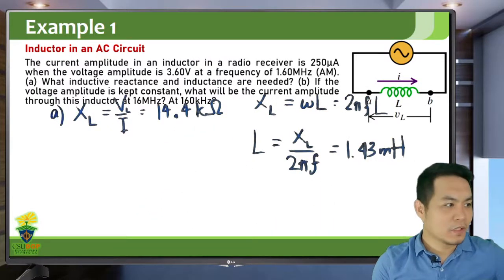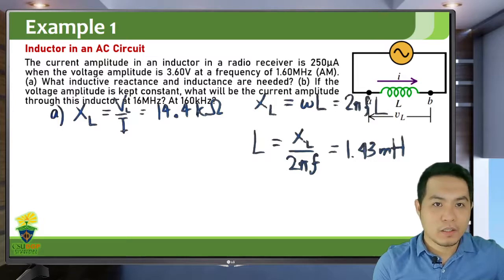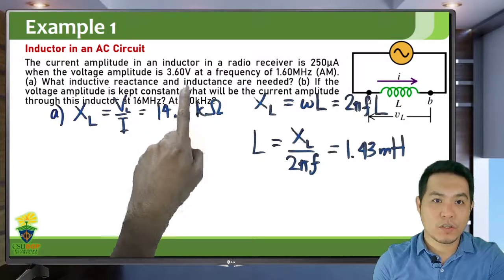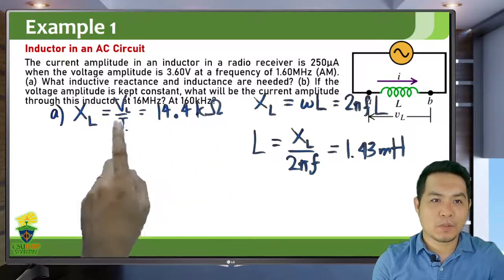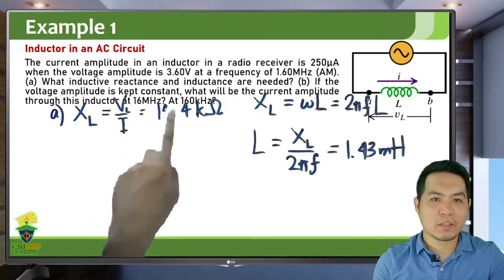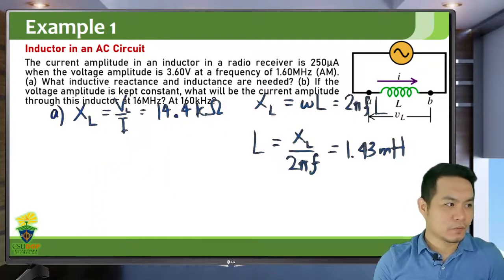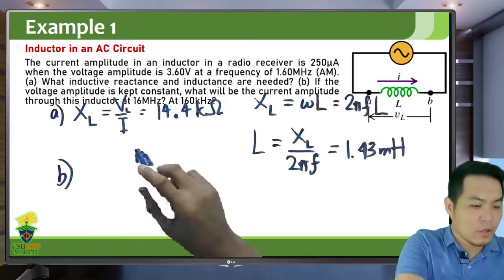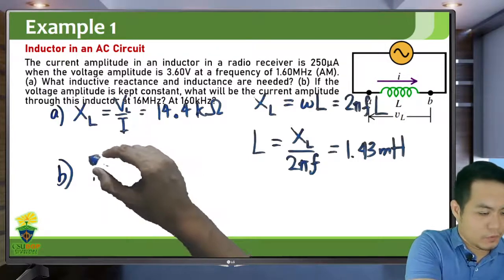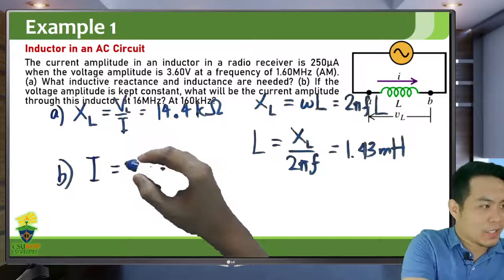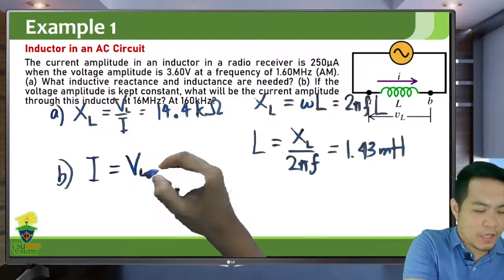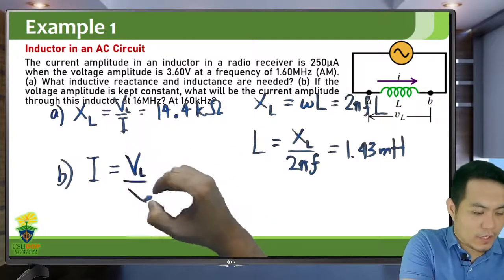For letter B, the second problem: if the voltage amplitude is kept constant at 3.60 volts, what will be the current amplitude through this inductor at these two frequencies? For letter B, we solve for I. We just manipulate this equation: I is just V_L over XL.